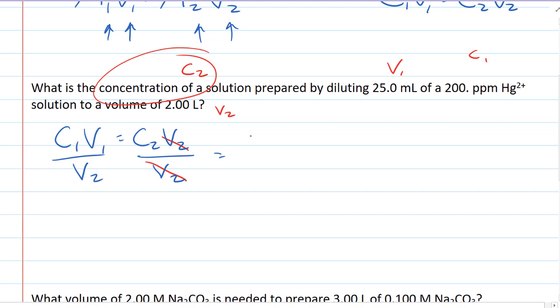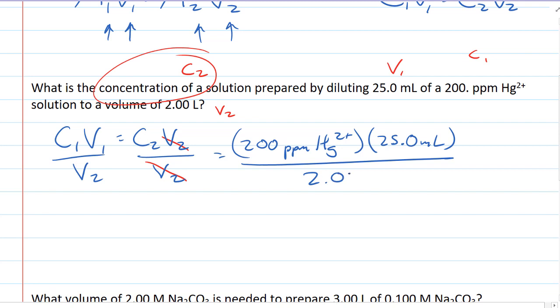So we plug in the numbers. C1 is 200 parts per million of the mercury 2 solution. V1 is 25.0 milliliters. And we divide that by 2.00 liters.